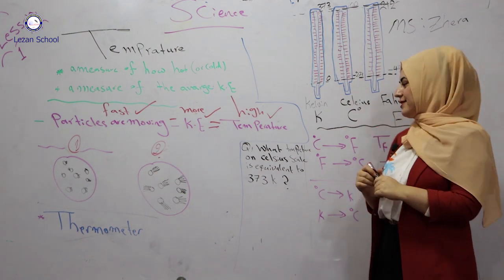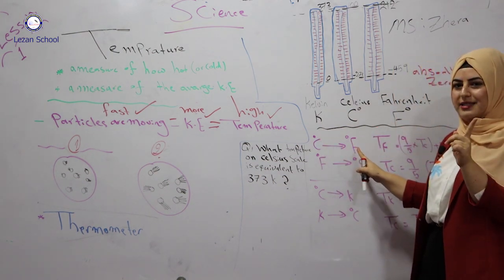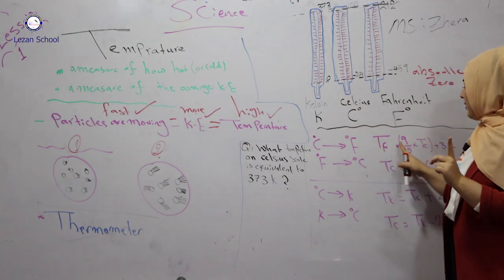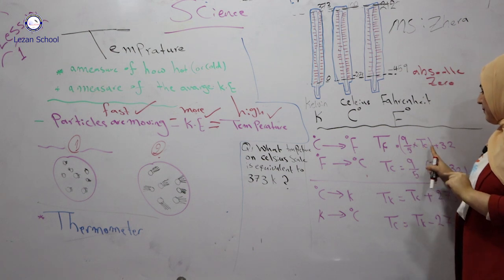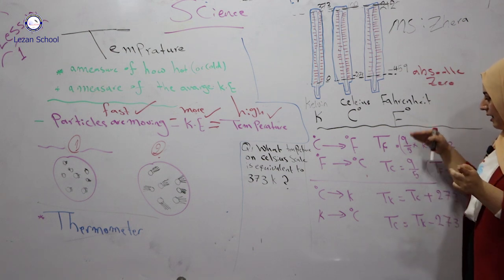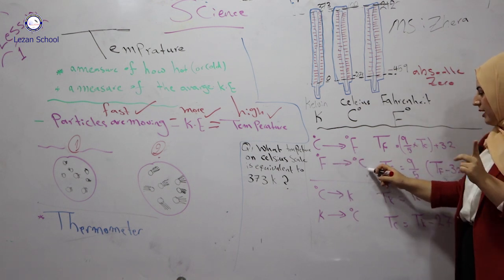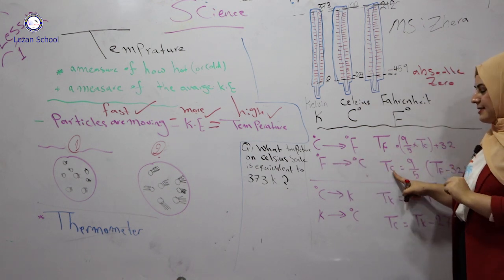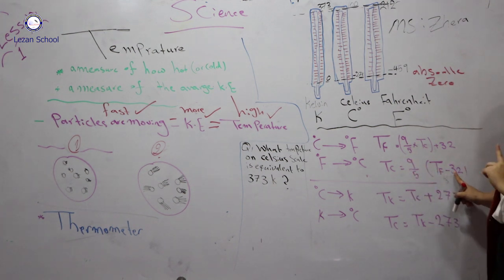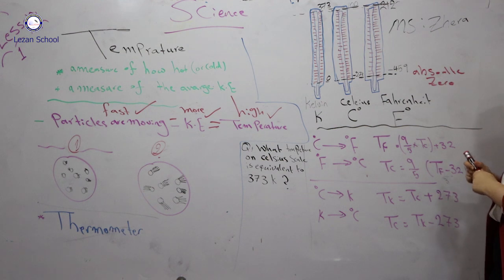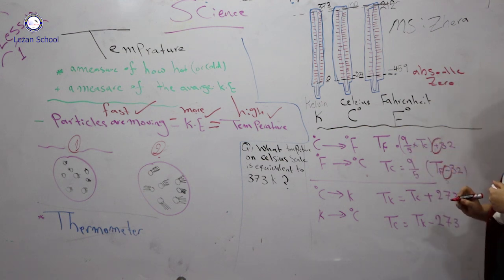To change Celsius to Fahrenheit, the rule is T Fahrenheit equals 9/5 times T Celsius plus 32. To change Fahrenheit to Celsius, T Celsius equals 5/9 times T Fahrenheit minus 32. So the difference is plus 32 one way and minus 32 the other way.